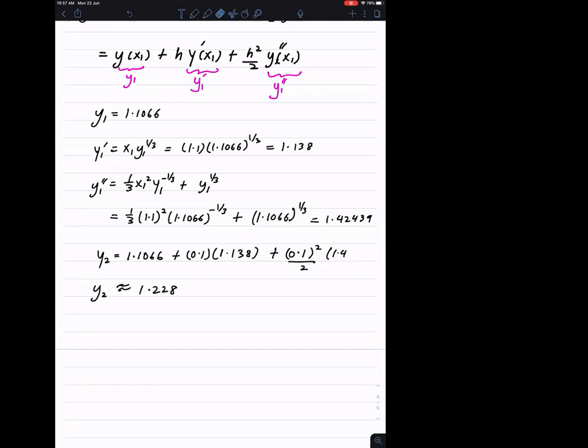If you use this value, maybe this value might change a little bit. So we round off maybe 1.424.